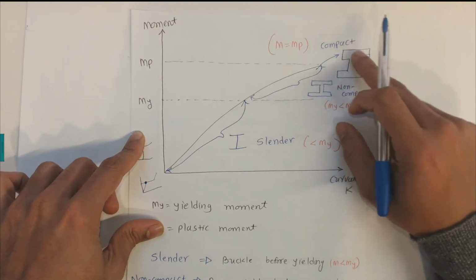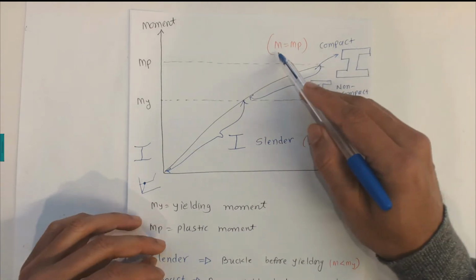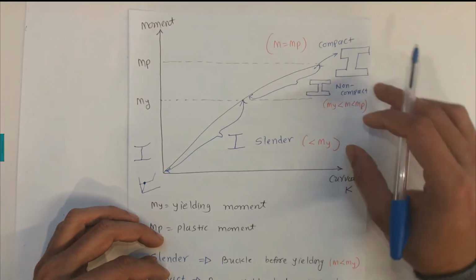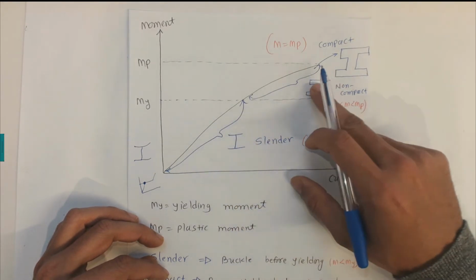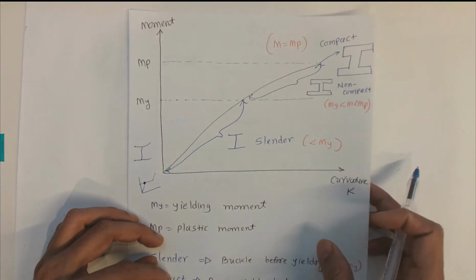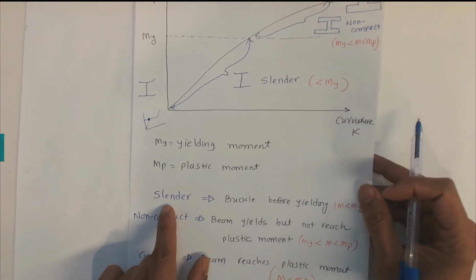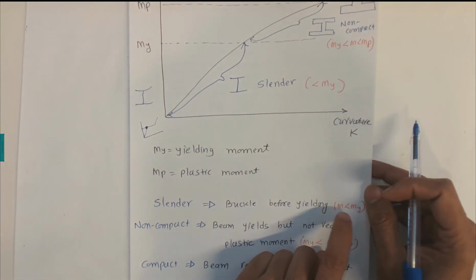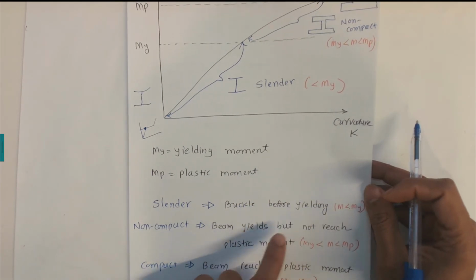And if you have a compact section, it is very strong and thick. In that case the beam reaches the plastic moment. So this one is weak, this one is a little stronger, and this one is the strongest beam in the general sense. I have put a quick note here. For slender, M is less than My, which means it buckles before yielding.